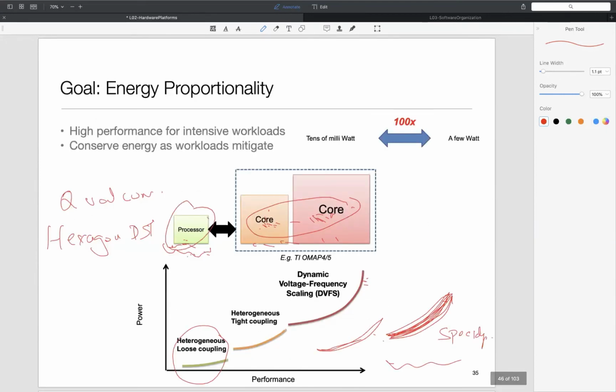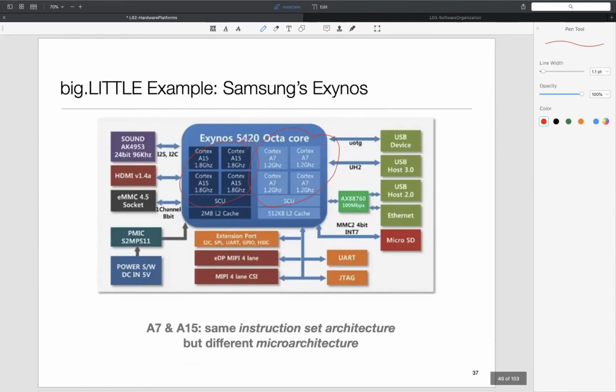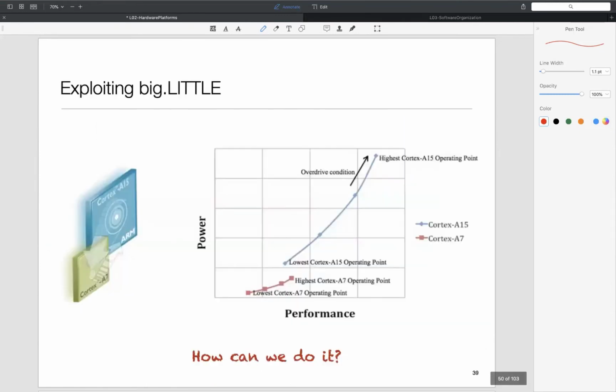And I mentioned neural accelerators. Many of these things have specialized processors for accelerating convolutional operations in a neural network, for example. So there is a lot of architectural work going on in order to achieve these objectives.